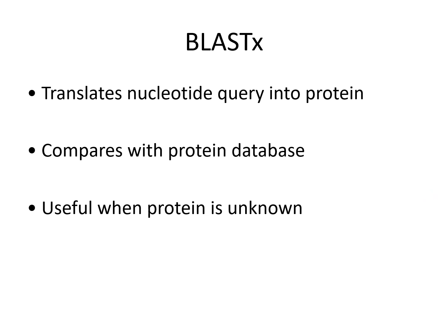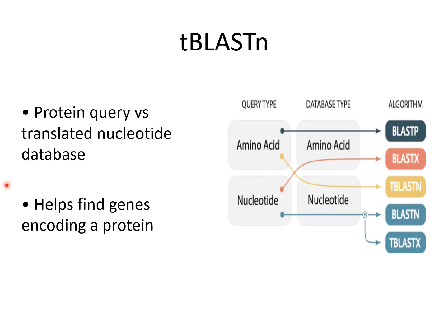Now we will move to the next slide, which is TBLASTN. It is also a major type of BLAST. Here a protein query sequence is searched versus a translated nucleotide database. So TBLASTN is basically done between a protein query sequence and a translated nucleotide database.